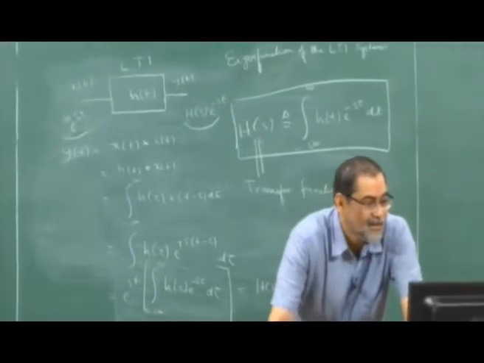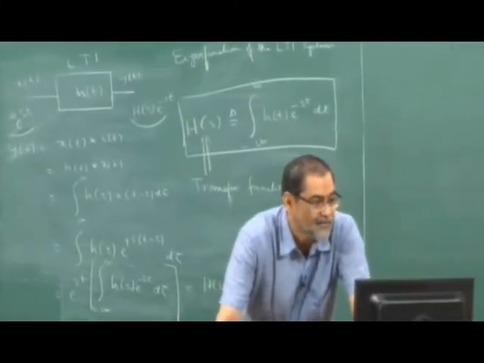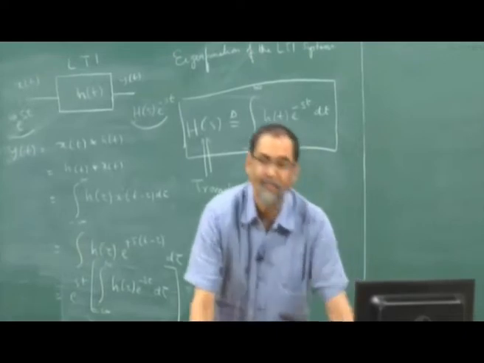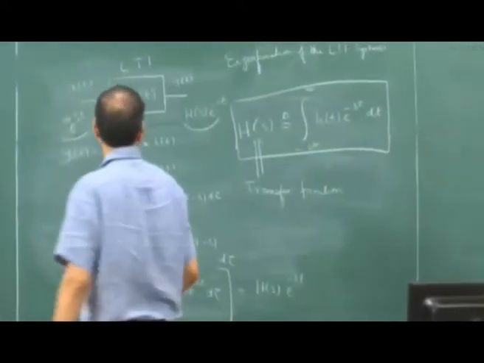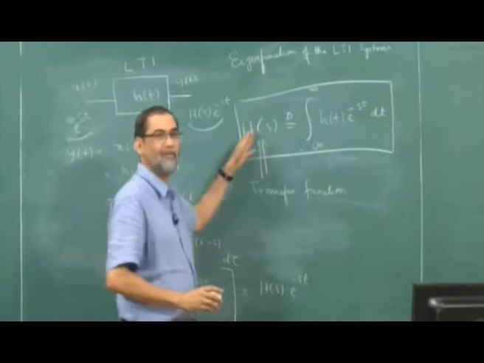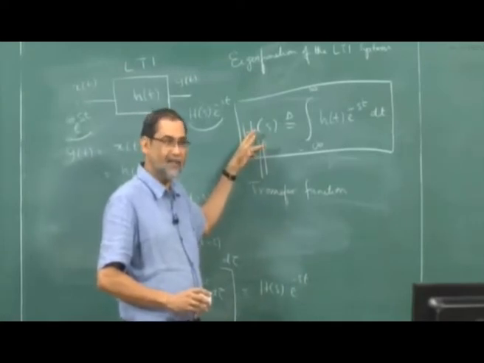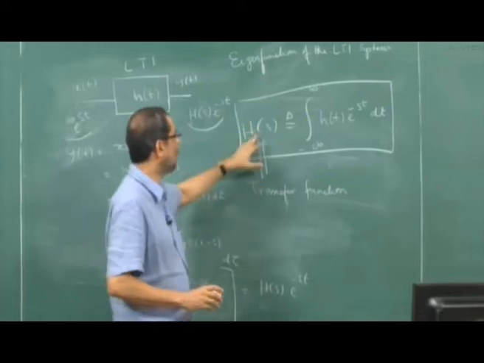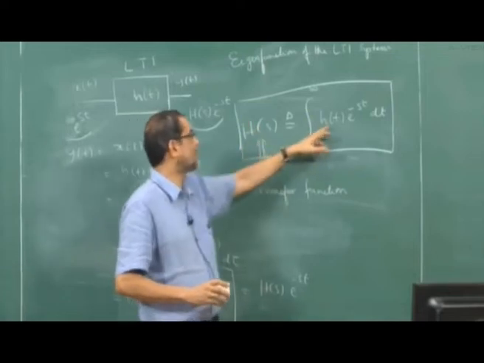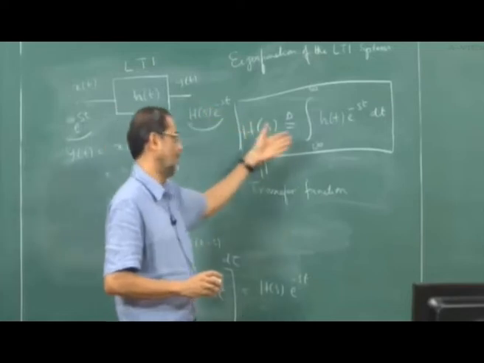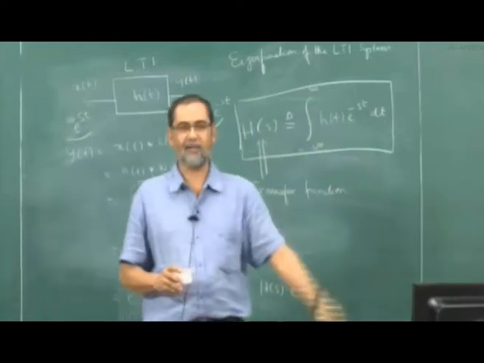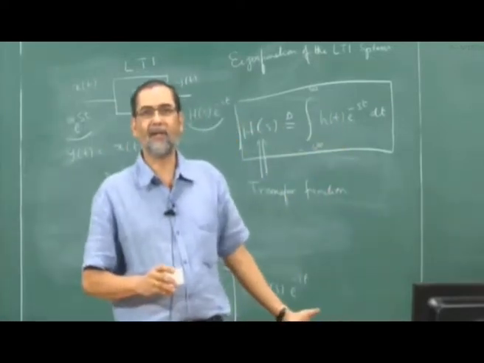From PSG Tech: similar to H of s, can we define X of s? Look at my definition of H of s here on the screen. H of t is some signal, and I can replace H by any signal, as long as that improper integral is defined.